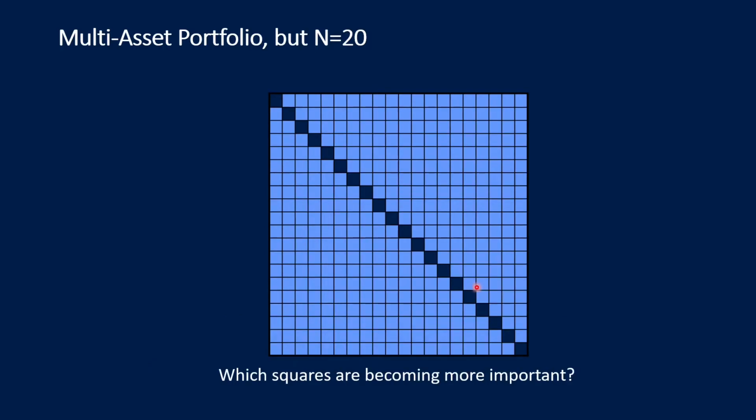And we go to 20. Now, of course, we see which cells are becoming more important. In other words, the variances lose their weight and the covariances gain weight in this calculation.